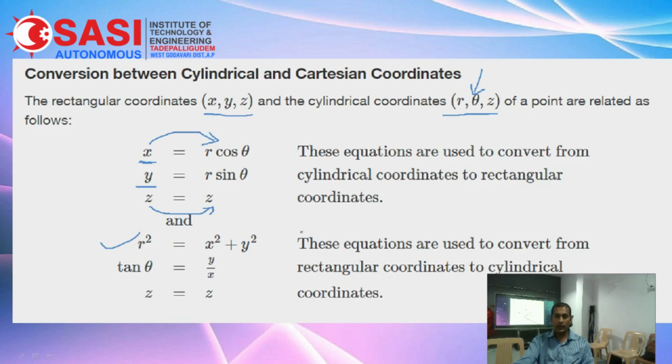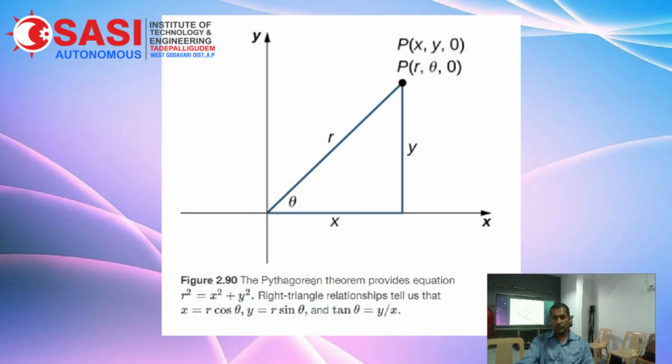So from here we can say r is equal to square root of x square plus y square. So we have already seen in the 3D diagram. So this is r. So from here tan theta is equal to y by x. So theta will be equal to tan inverse of y by x. And z is as it is, unchanged.